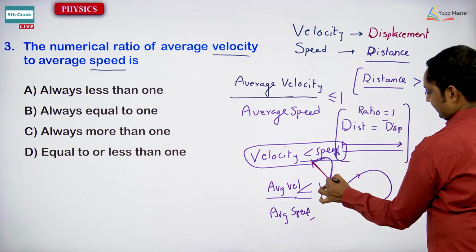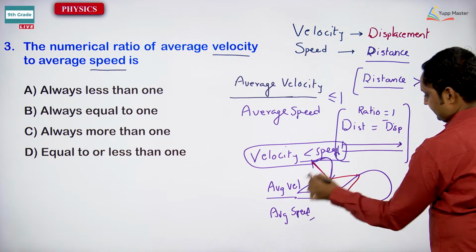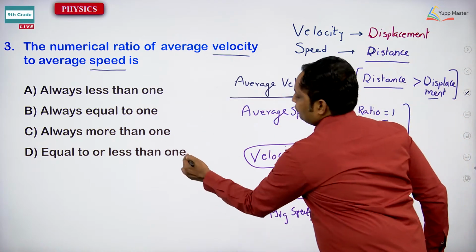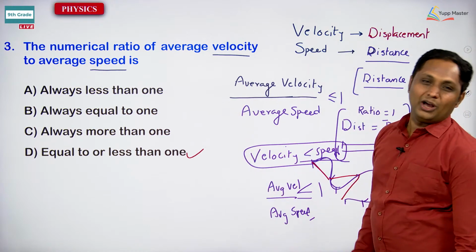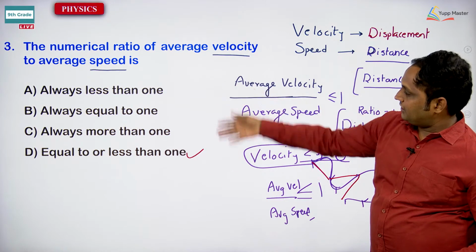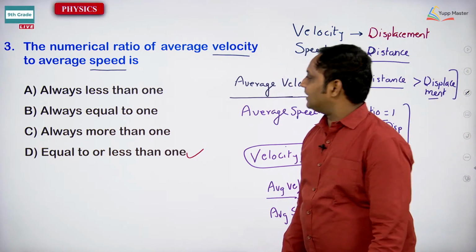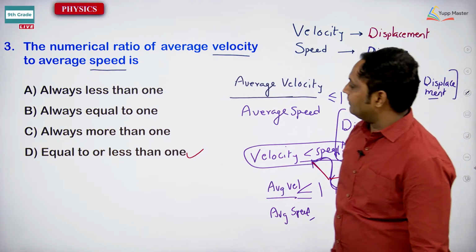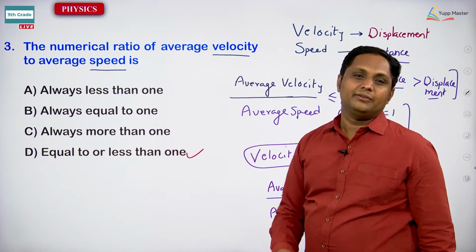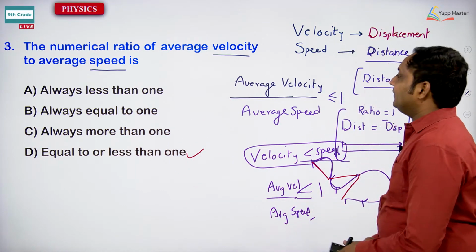In this case different situations you can explain. This is going to be the correct one, equal to or less than 1, but never greater. Is there any other option? Always less than 1, always equal to 1, always more than 1, there is no possibility. This is going to be correct at all times. All right, let us go for another one.